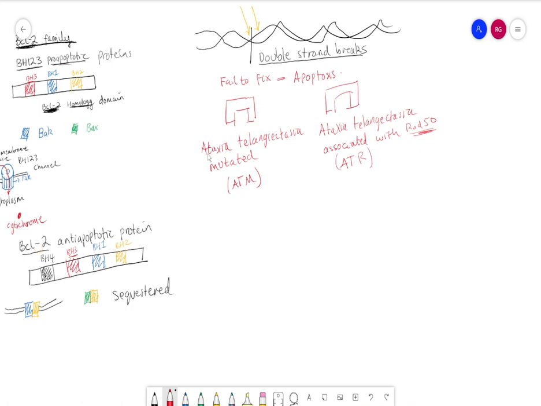So these proteins can detect your double-strand break. So to show that, I'm going to draw arrows showing that the double-strand break is going to stimulate or activate these two enzymes. They're going to be enzymes. They're going to be serine threonine kinases.